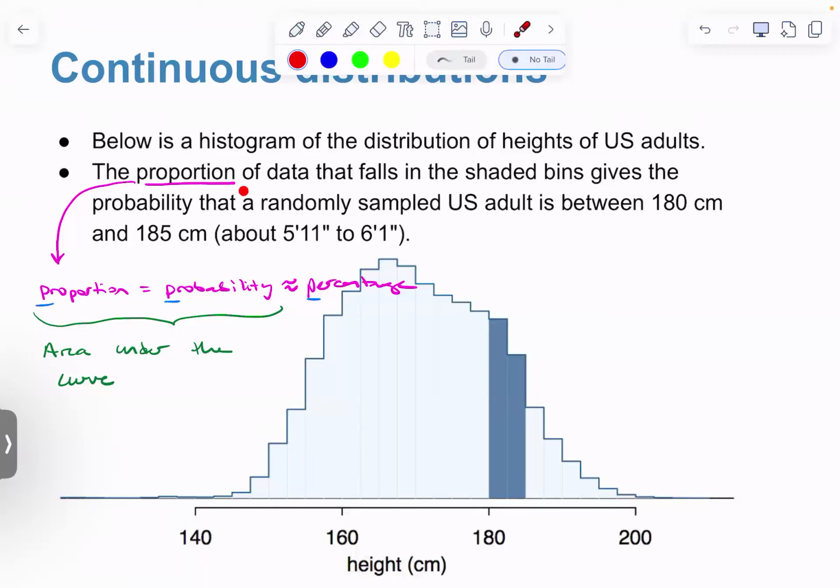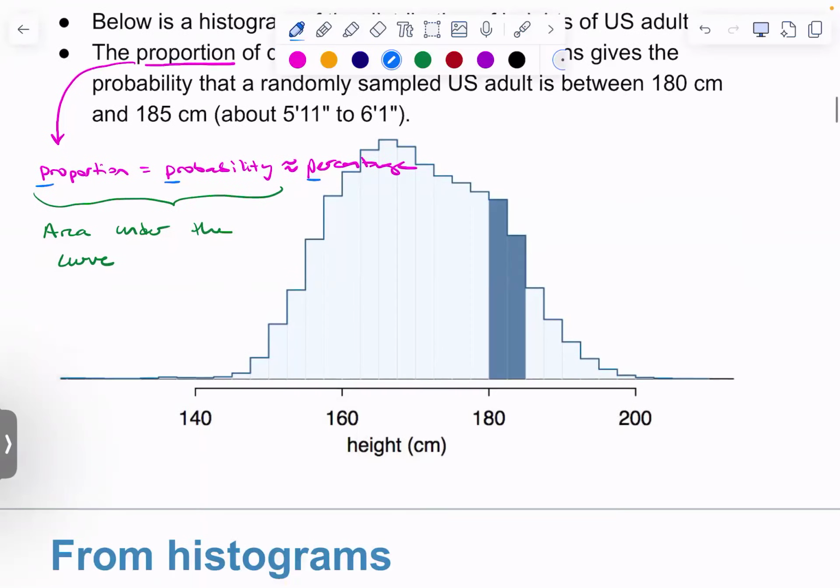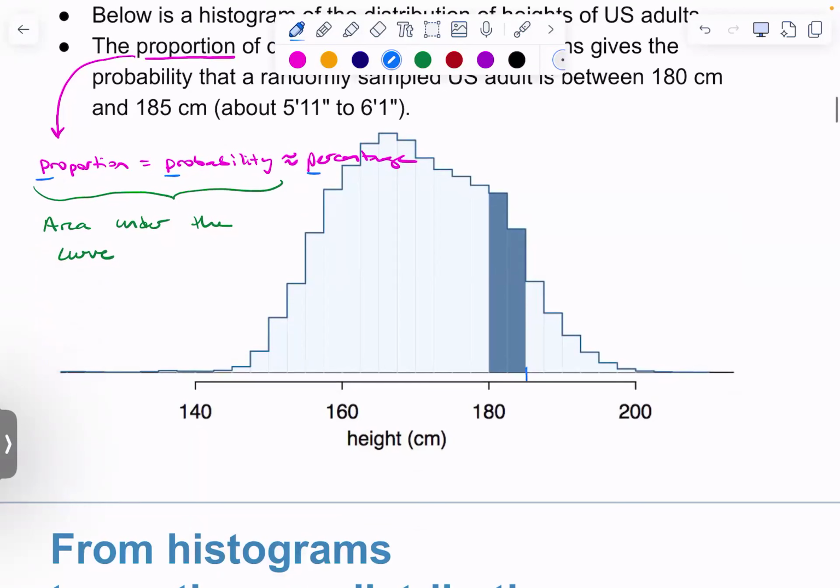So the proportion of data that falls in these shaded bins, you could do some problem solving if you knew the heights of all these bins, which I've not given you on purpose because we're not actually going to do it. But if you had to figure out what proportion of this area is shaded, in fact, it's the proportion between 180 centimeters and 185 centimeters.